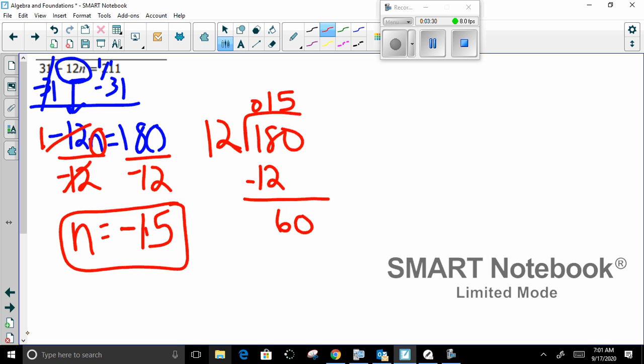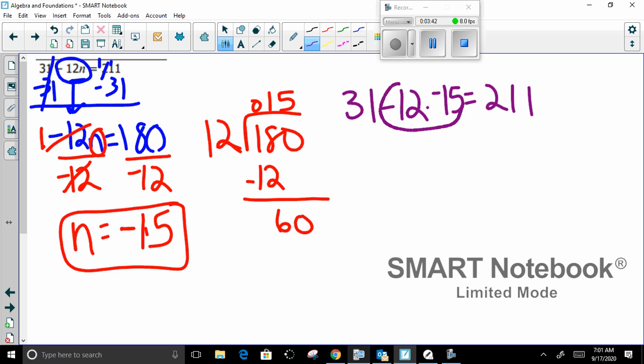You could check yourself to make sure. If I wanted to check myself, 31 minus 12 times negative 15, is that going to equal 211? Well, I would do this multiplication. Negative 12 times negative 15 would be positive something. So let me check.